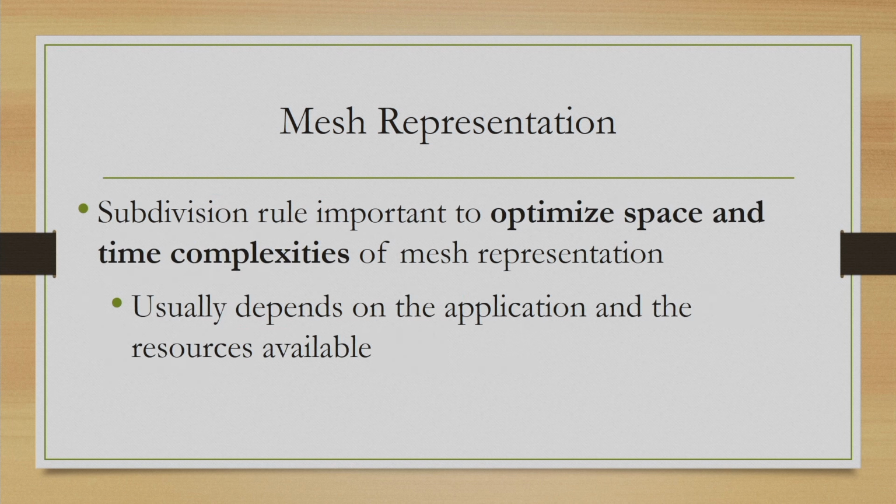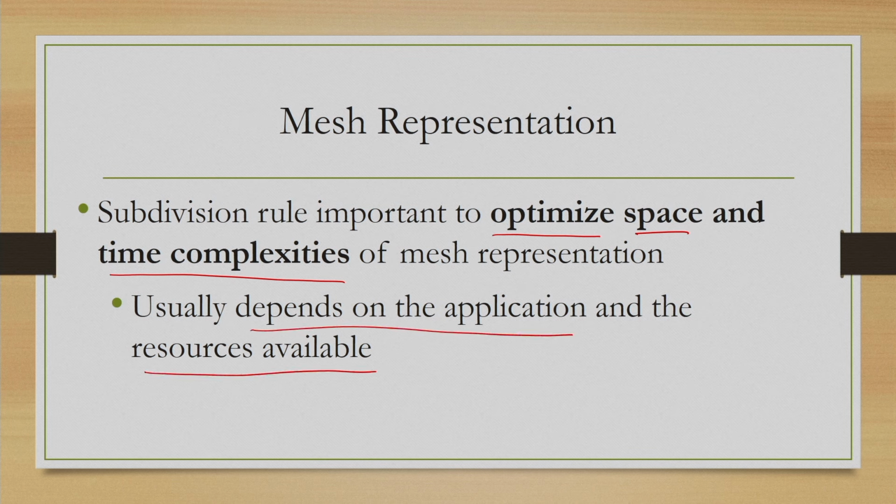So, there is a trade off, and what we need to do is to optimize space and time complexities while keeping the quality of representation acceptable. Now, how to decide, how to balance this trade off? The answer depends on the application and the resources available.